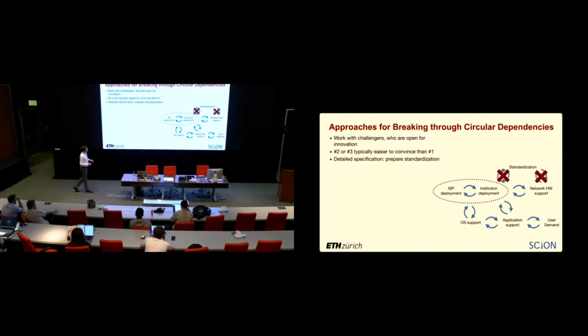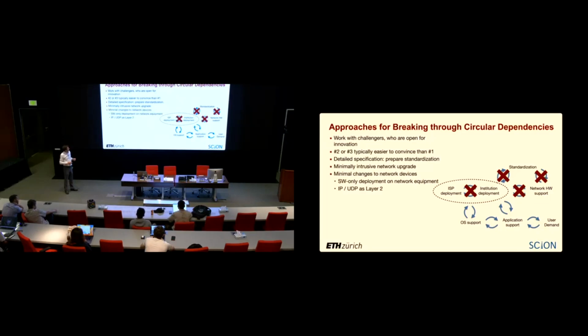One point also was the standardization efforts within the IETF that were started to remove these dependencies between standardization, enabling also minimal network upgrades so that to deploy SCION, it's actually quite simple and requires quite little amount of effort to break this cycle.